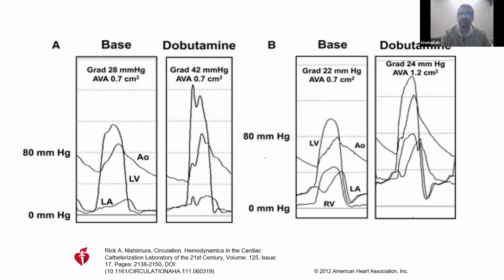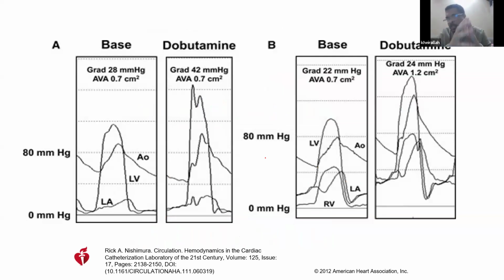Now, you remember a patient with low ejection fraction and low gradient aortic stenosis, and you don't know if this is a true severe aortic stenosis masked by the low flow due to low ejection fraction, or whether I don't have this condition.